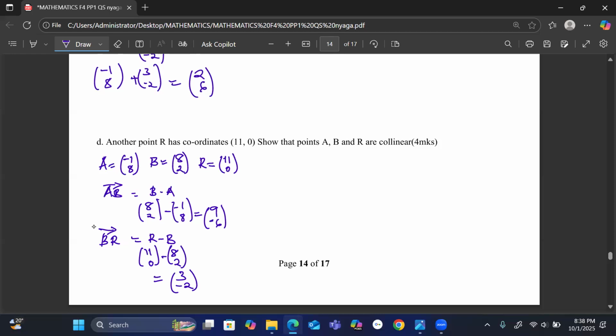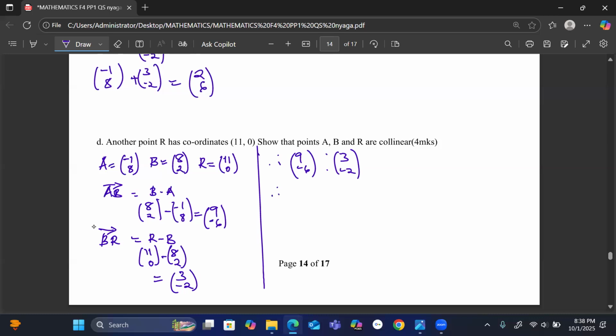Now, we can compare the two vectors, AB and BR. AB is (9, -6) and vector BR is (3, -2).